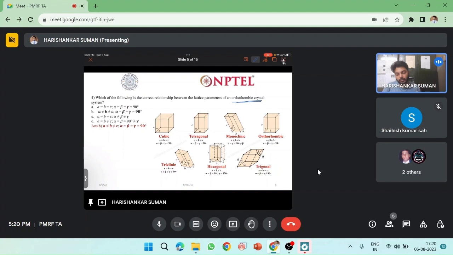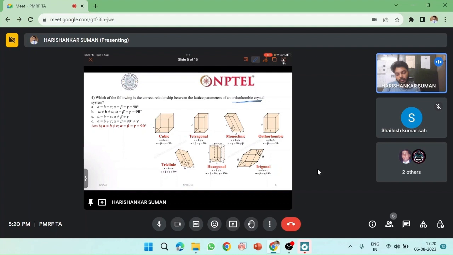Monoclinic: lengths are not equal, alpha and gamma are 90 but beta is not 90. Orthorhombic: lengths are not equal, but alpha, beta, gamma are 90. And triclinic, hexagonal and trigonal.